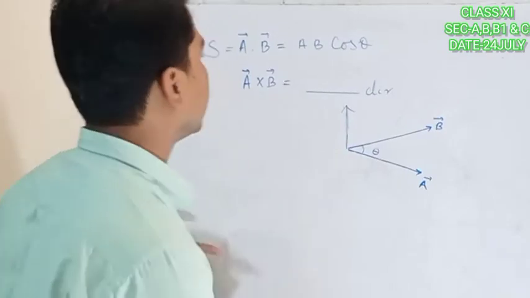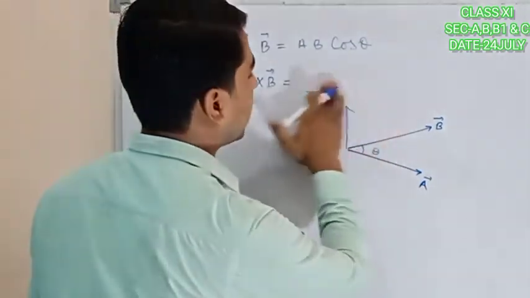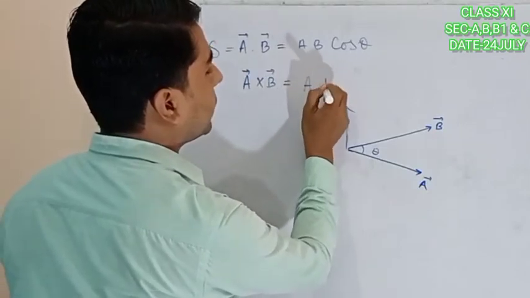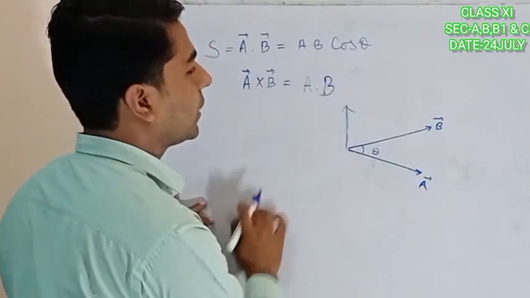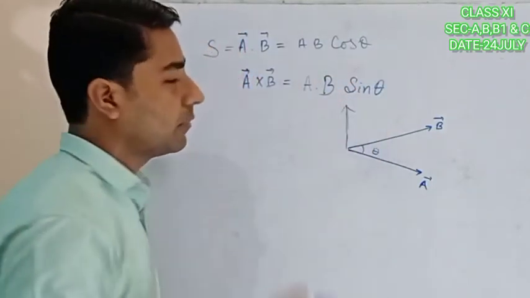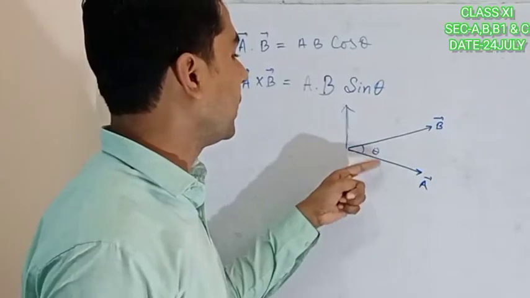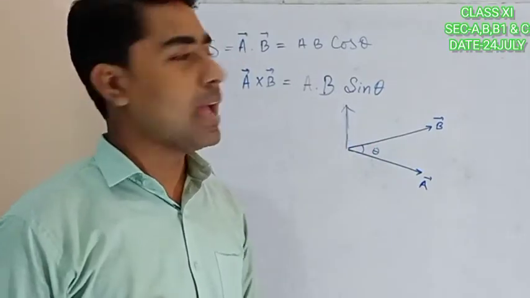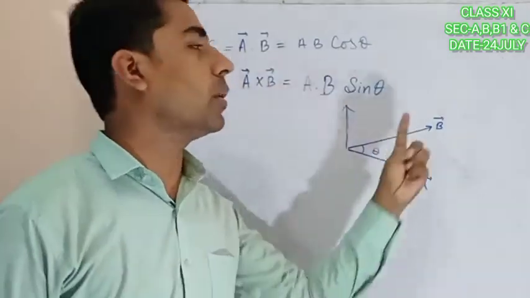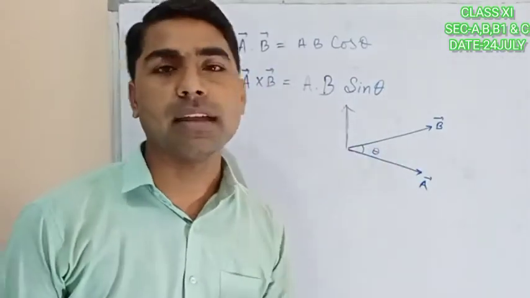In the cross product it is the same thing: the product of their magnitudes and the sine of the angle between those two vectors. But as I said, there must be a direction. Here it is only magnitude, so where is the direction?